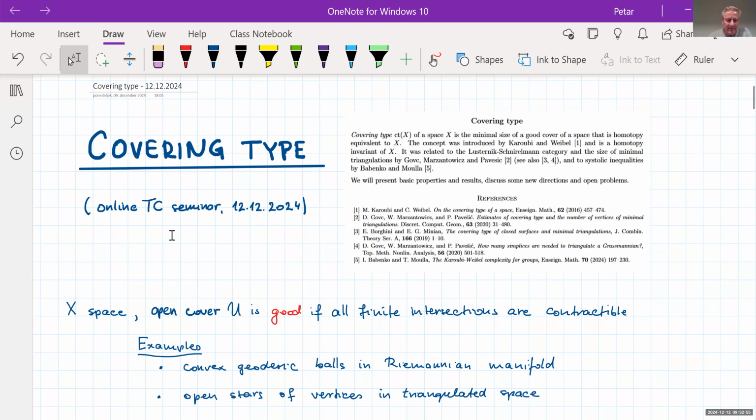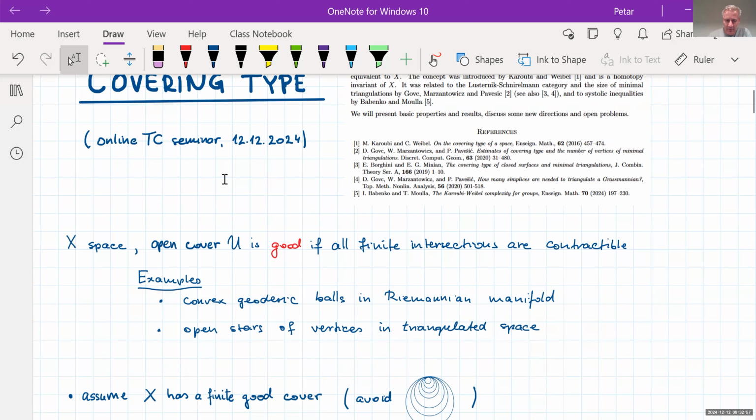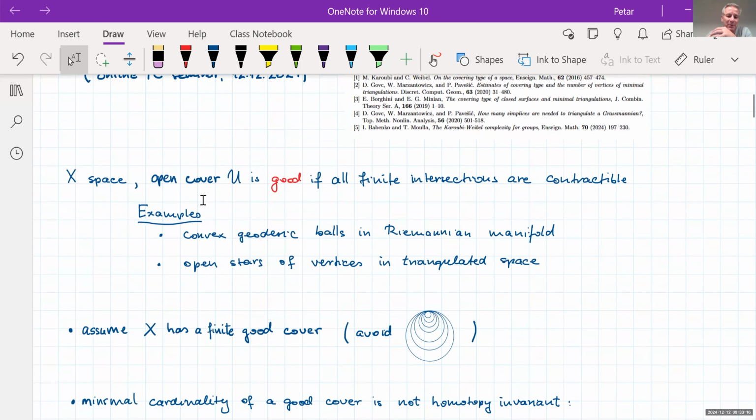A covering type is a relatively new invariant, a new concept. Even if the ingredients were here for the last 68 years, it could be easily defined much earlier, but it wasn't.